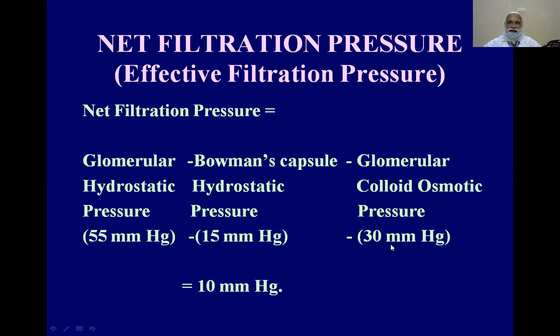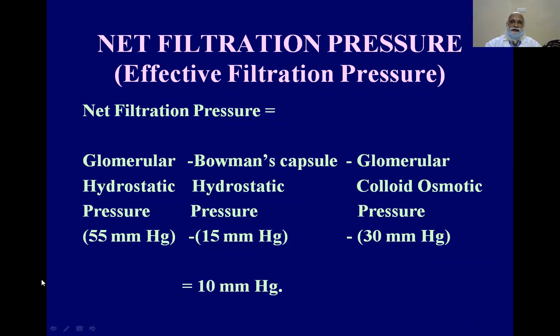So from the 55 minus 15, which is 40, you deduct 30 millimeters of mercury pressure, which is the glomerular capillary colloid osmotic pressure. So 40 minus 30 is 10 millimeters of mercury. This is the net.